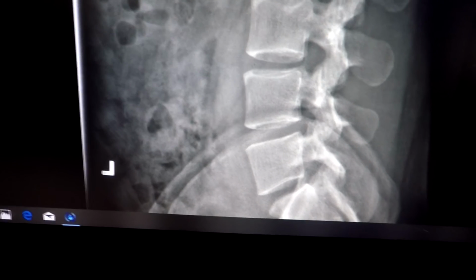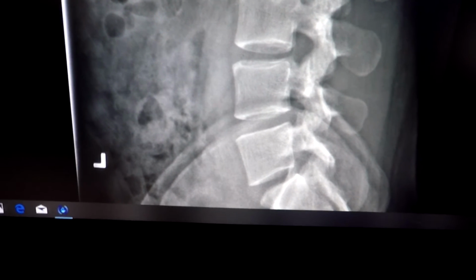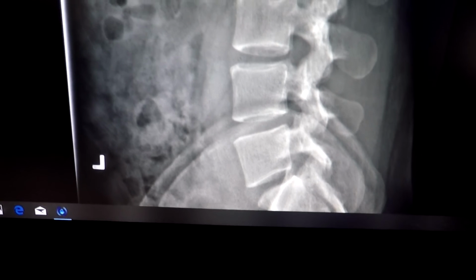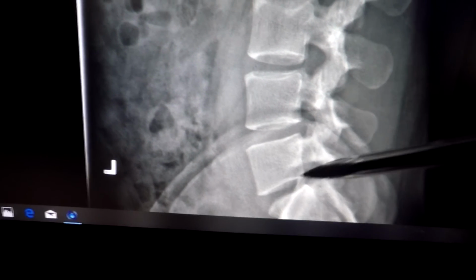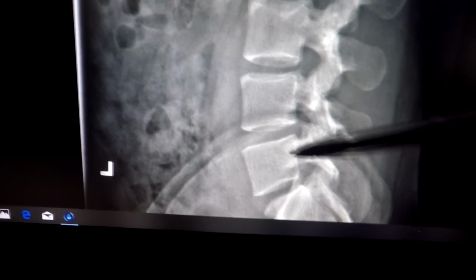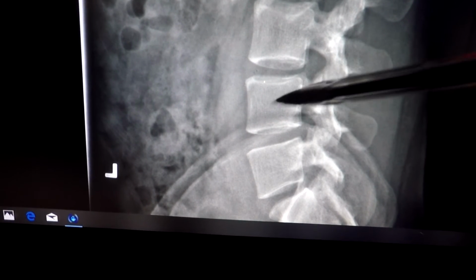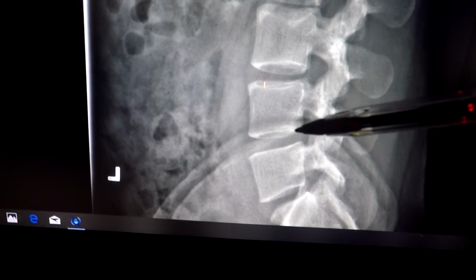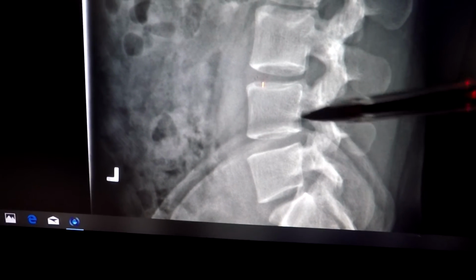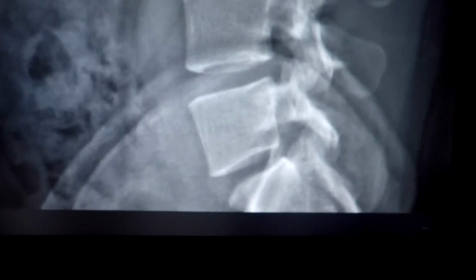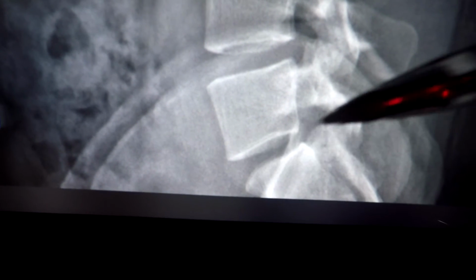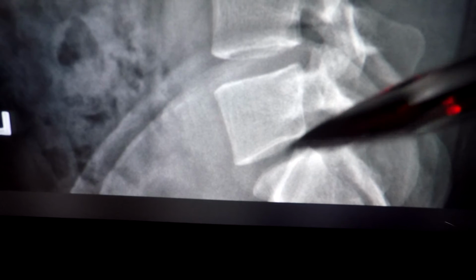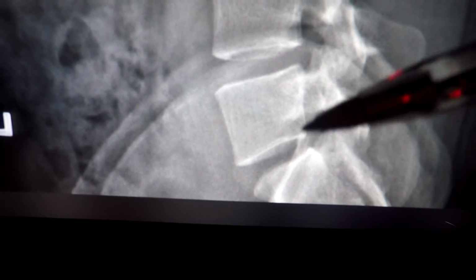In my practice, because I see a lot of young people and a lot of old people, you don't often see people that have normal discs, particularly at L5. This is the 5th lumbar vertebra, this is the 4th, this is the 3rd. Typically, more commonly, you will find degenerative disc disease. If a person has degenerative disc disease, this space right here will be gone or reduced in size.